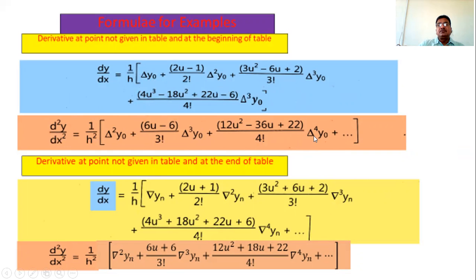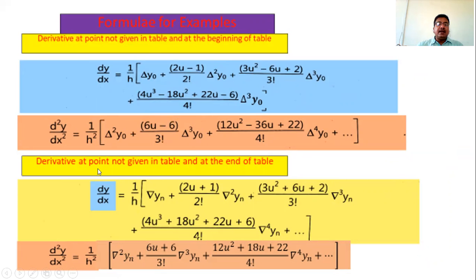Already we observed the proofs of these formulas. The note is about the derivative at a point not given in the table. If the point is not given in the table and we have to find the derivative at that point, and the point is at the beginning of the table, then use these formulas to find the first order and second order derivative.